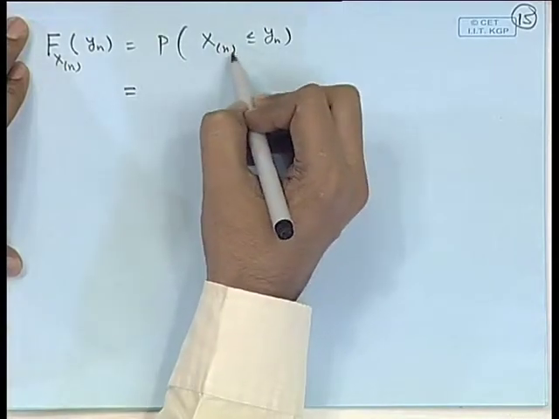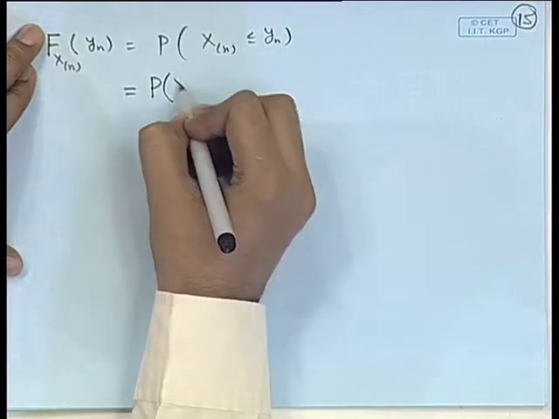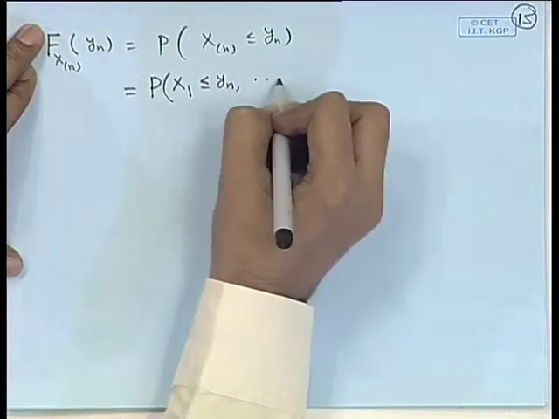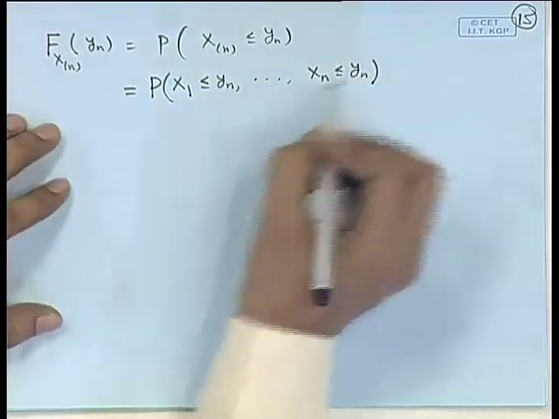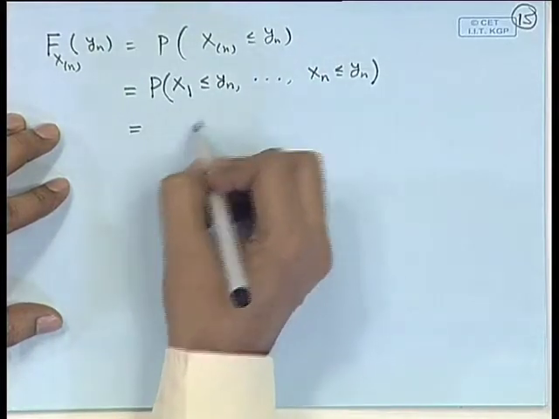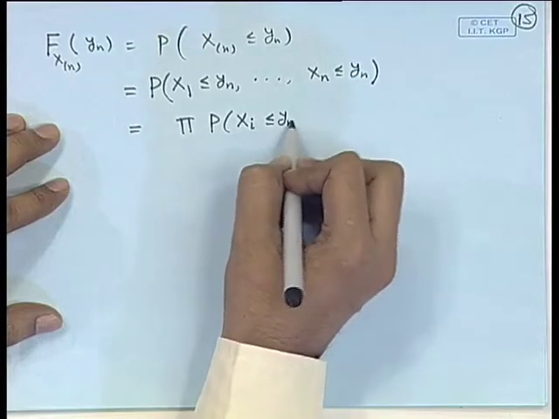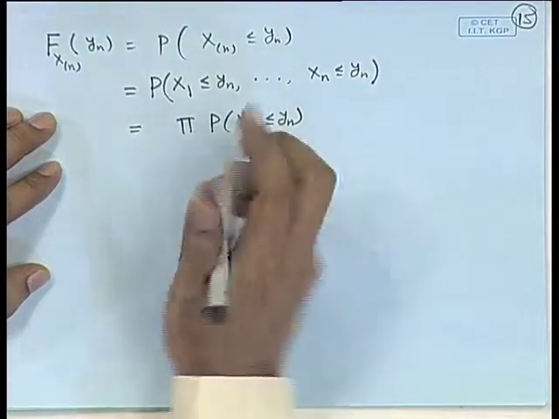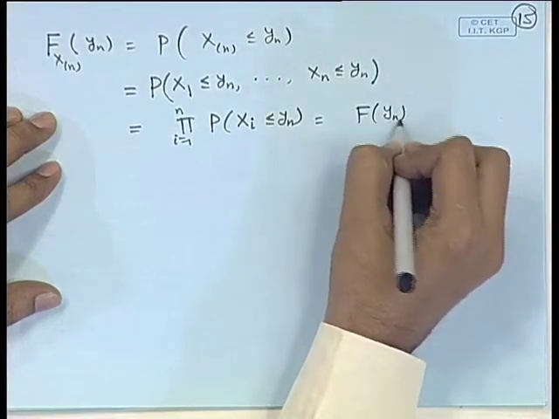Now, notice here this is the maximum being less than or equal to yn. This event is equivalent to each of the Xi's being less than or equal to yn. Now, we make use of the fact that the random variables are independent and identically distributed, all of them have the CDF F_X. So, each of these values is F of yn, and therefore, we get this as F of yn to the power n.